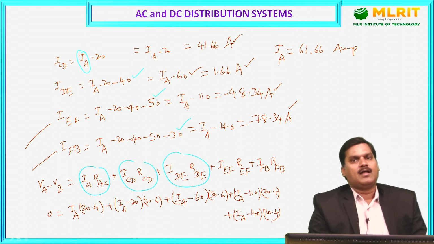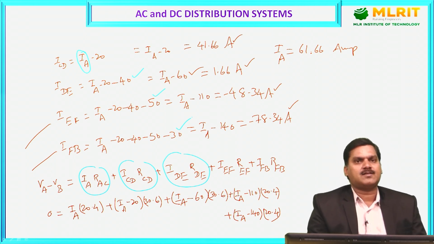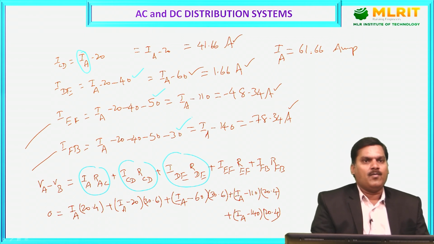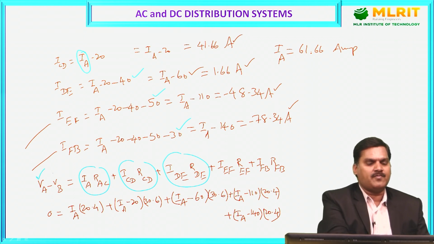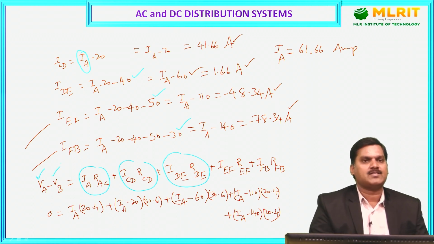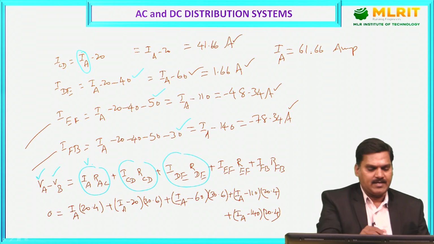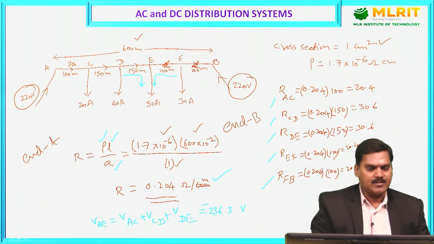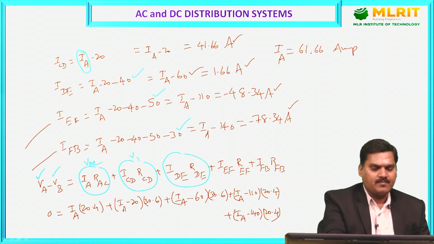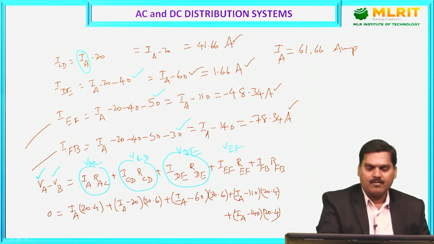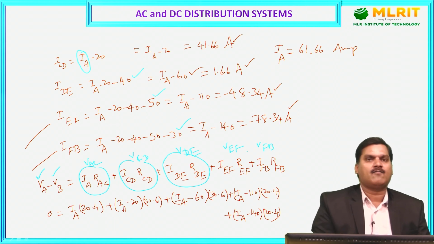Like that, different currents are drawn in different sections. Taking the voltage difference between point A and point B as VA minus VB, we have VAC, VCD, VDE, VEF and VFB, the voltages of the different sections.